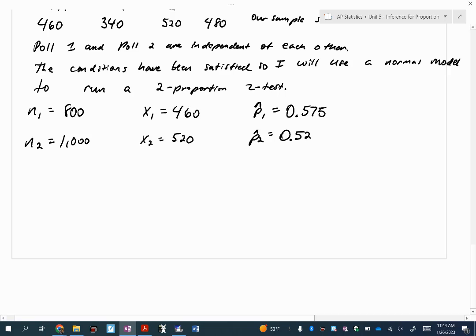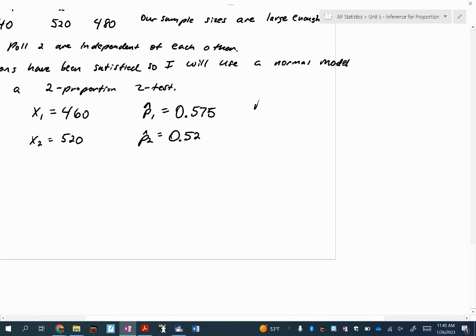So what we do at this point, before we get our test statistic, is pool all of this data together and find a pooled p-hat. You'll need to show your work. Even though I put that they're two different groups, we actually assume that they are the same. So this is for p-hat pooled.